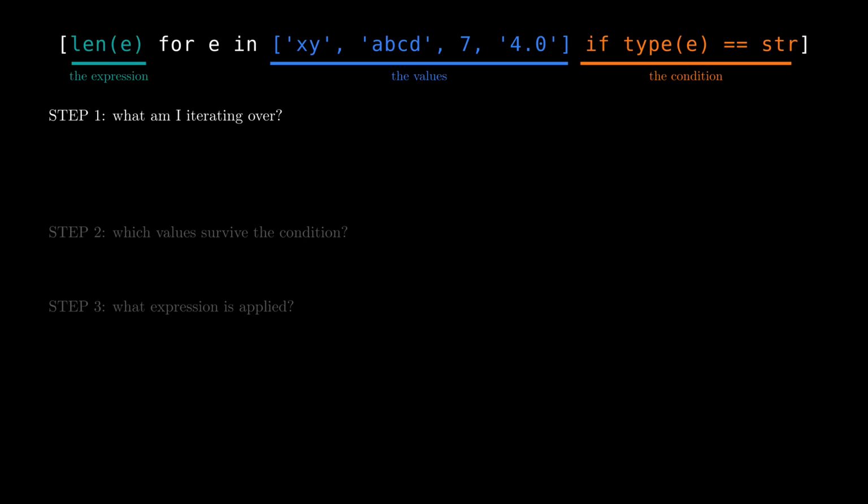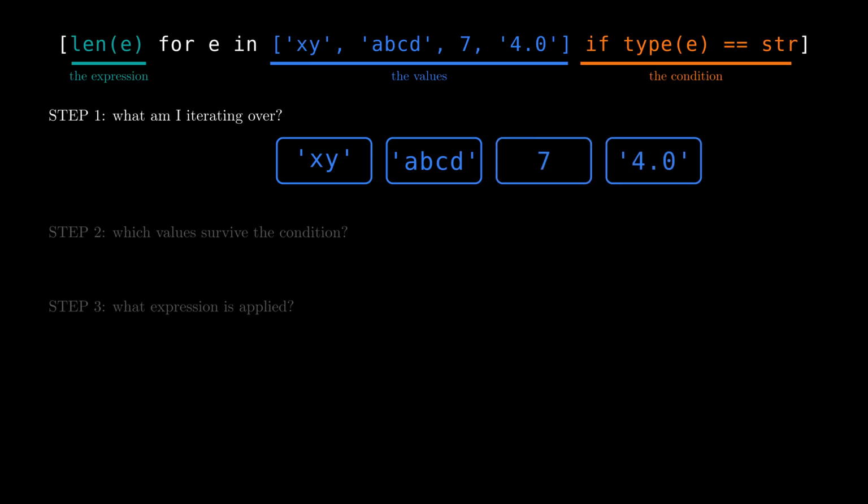That's the list in the middle: the string XY, the string ABCD, the number 7, and the string 4.0. Look closely at that last one. It sits inside quotes, so it is a string of 3 characters, not the number 4.0. That distinction is the whole trick of this example.